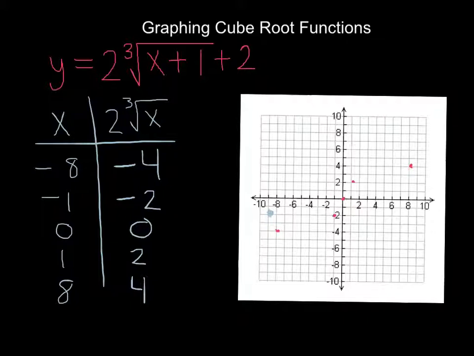And then you just do the same, to the left 1 and up 2, for all the other points on the graph. Once you've plotted all the new points, you can connect them.